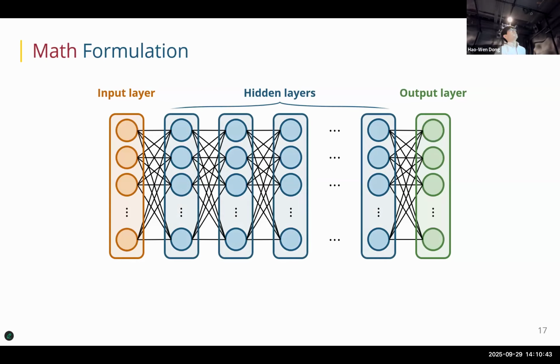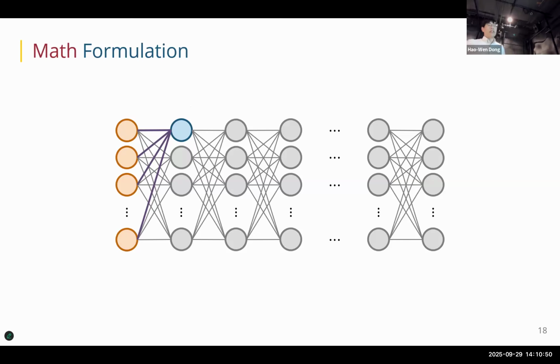The way we could mathematically formulate this is to take a look at all the neurons. In the first layer, we have x1 to xn. Those are all numbers, so we can just say this is a vector. How are we going to compute the first output when we send this signal to the next layer?